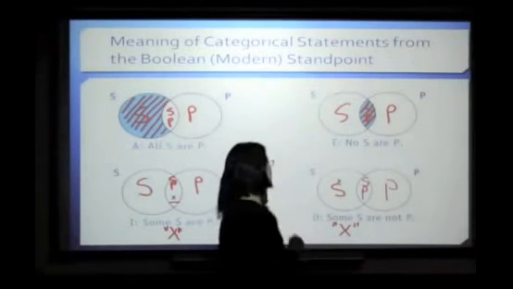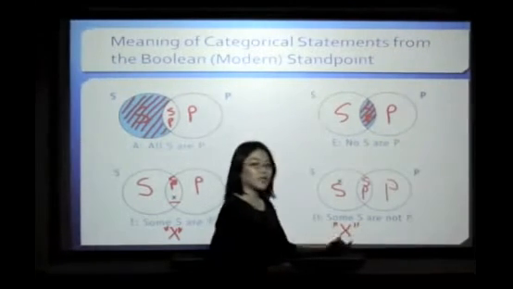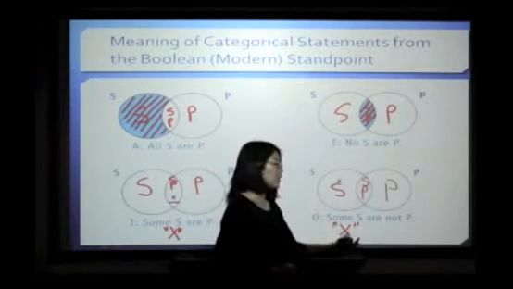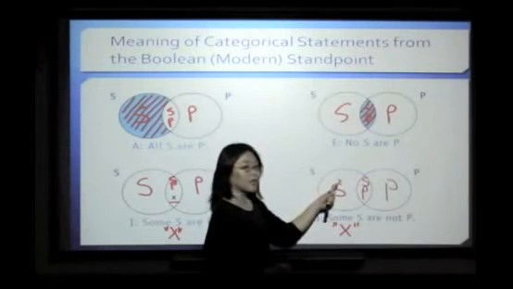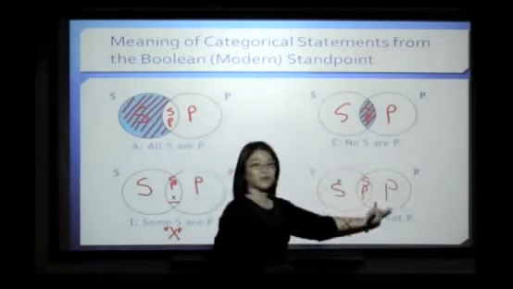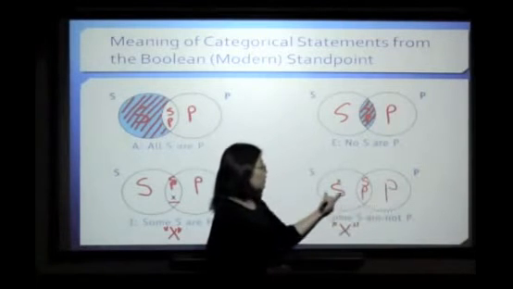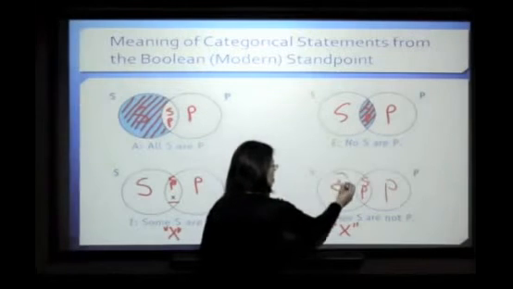And according to this statement, some S's are not P's, so there's at least one thing that exists that's an S, but not a P. So we're going to put this X in the area that is in the S circle, but not overlapping with the P circle. So the X goes right here, in this area here.